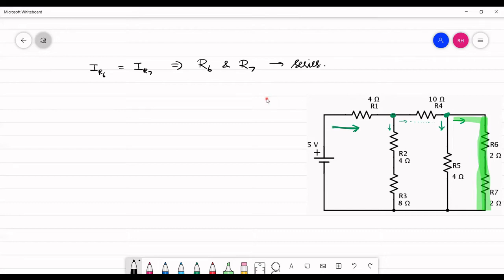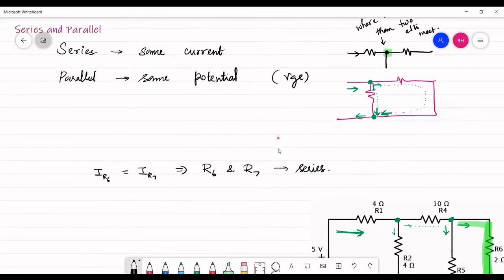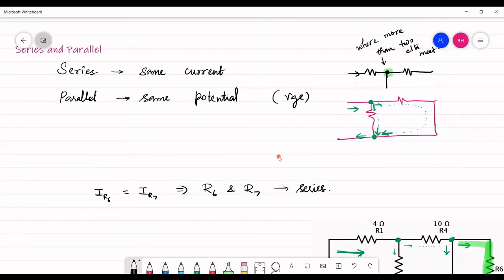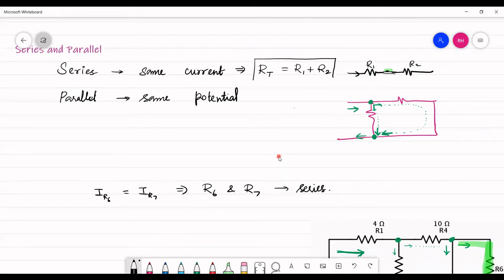Before that, let me give you the formula to calculate the equivalent resistance if your resistors are connected in series. If R1 and R2 are connected in series, then the total or effective resistance is equal to R1 plus R2. This is one familiar formula which we have been seeing since our school days.